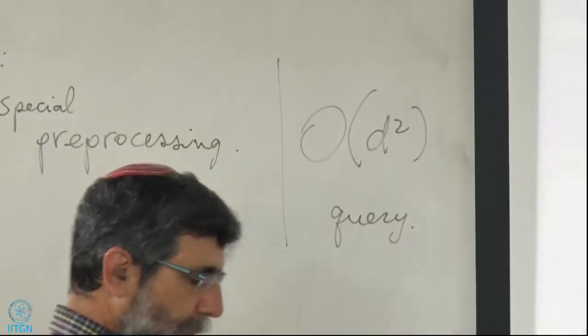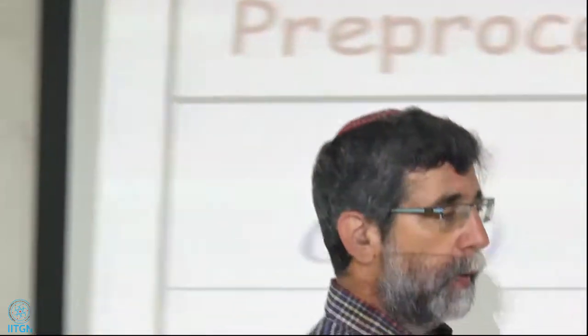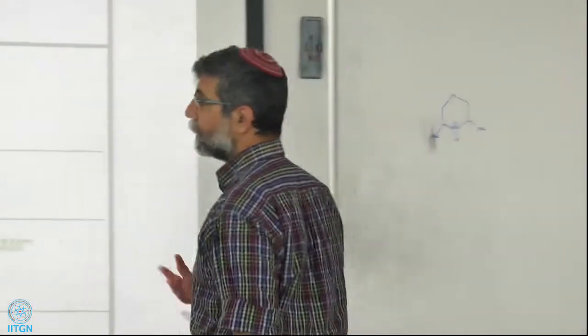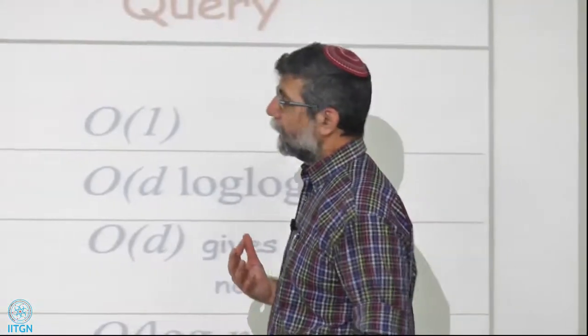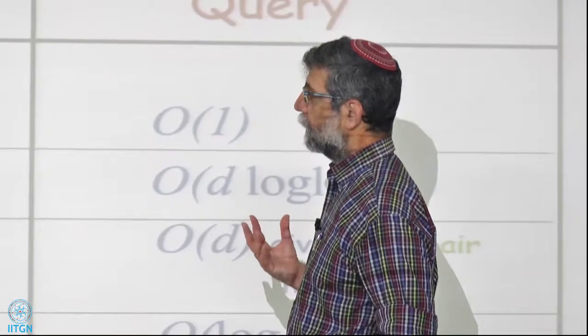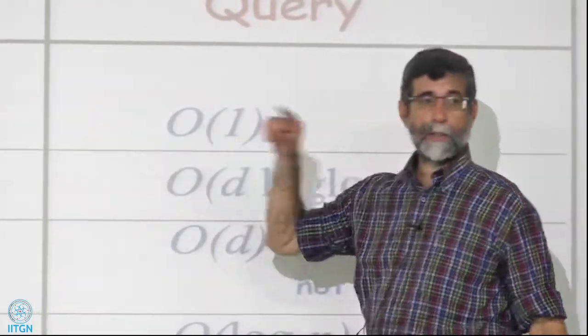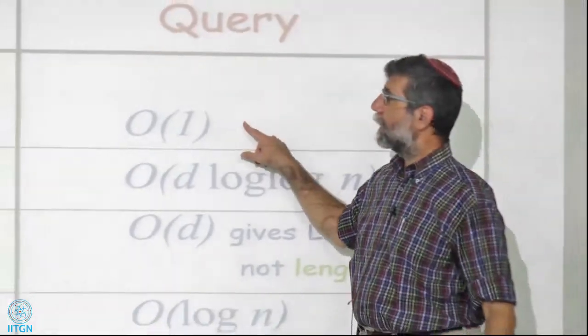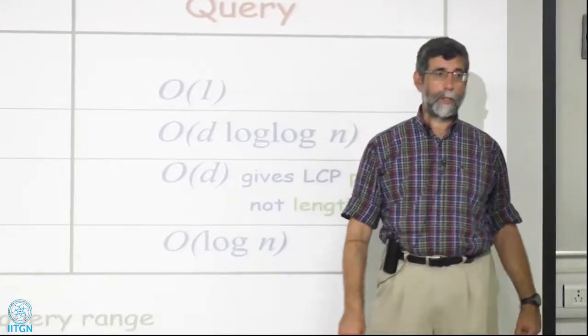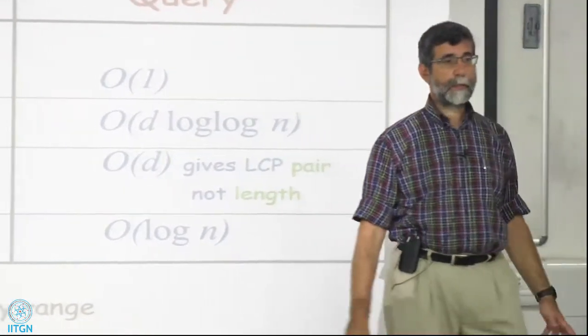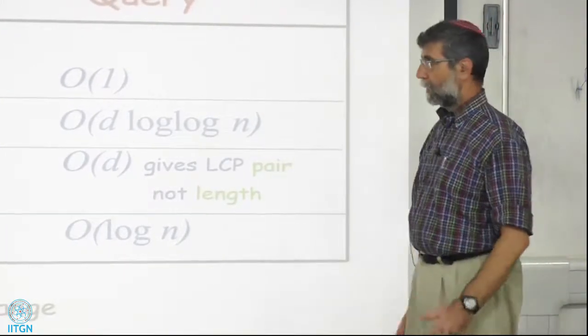And that would be by doing all the possible LCAs. Okay, so what we're going to see is that we can already, in some sense, improve that. If you do O of n squared preprocessing, then your query can be O of 1. We'll need to see how we do that.